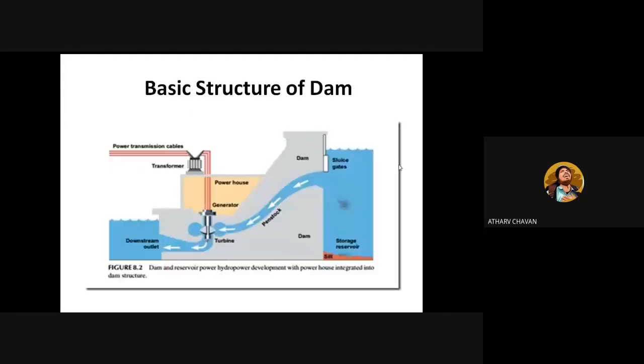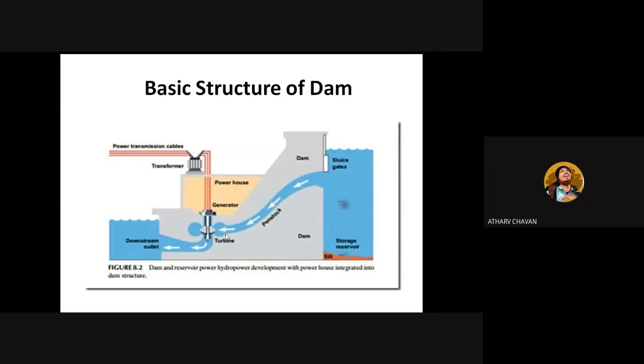Okay, so the basic structure of the dam. This we have studied in our lower classes. The rainwater gets collected in the storage reservoir under a huge structure called a dam, and when the gates get opened, the water gushes out through the penstock, converting the potential energy into kinetic energy, and then strikes the turbine.